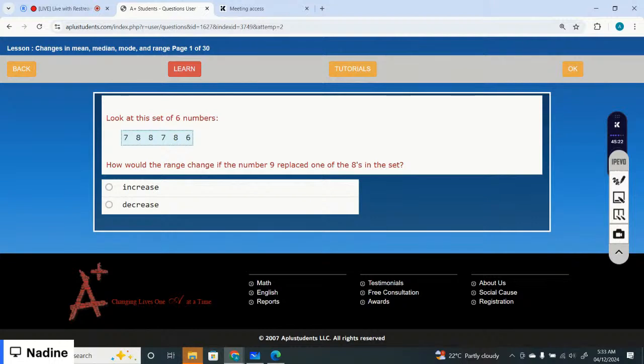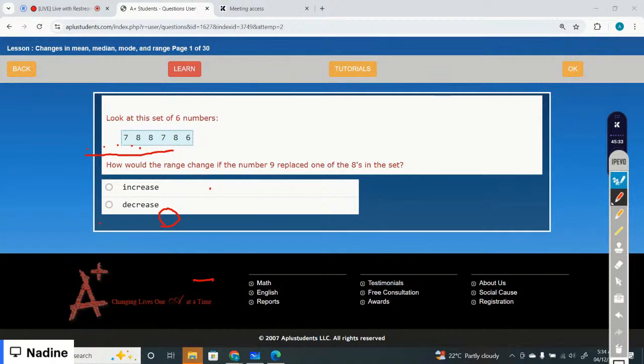Look at the set of 6 numbers. How would the range change if the number 9 replaced one of the 8 in the set? For the original set of data, the range is 8 minus 6, that is 2, right? So replace one of the 8 with 9. Then the range would be 3.